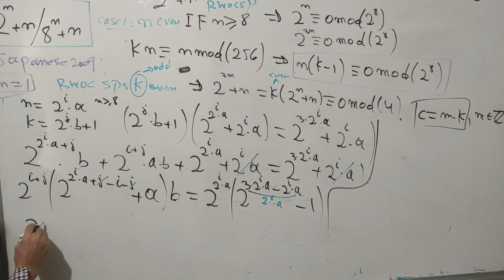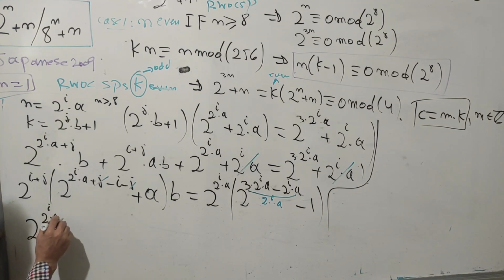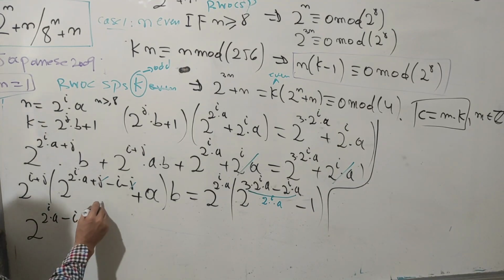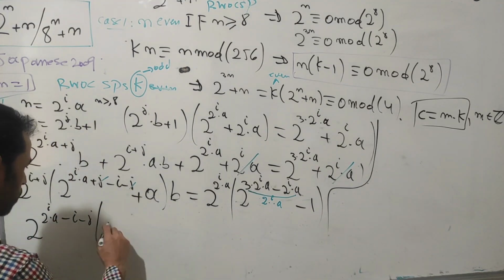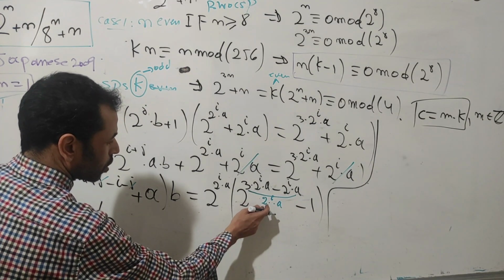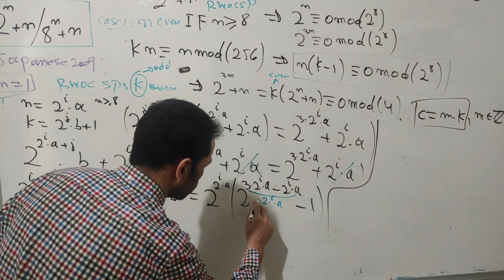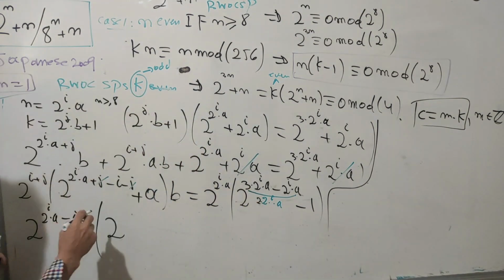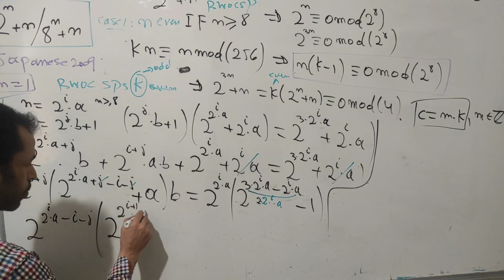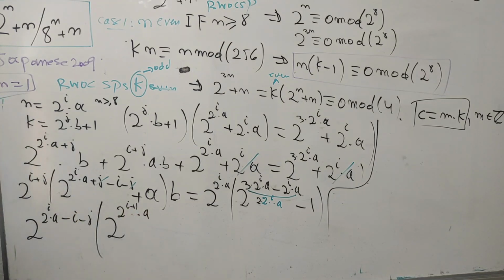So I get 2 to the 2i multiplied by a minus i minus j, factor this term, which is 2 to the 2ia. Remember here, because here I get 2 multiplied by 2 to the i, which is 2 to the i plus number 1 multiplied by a. This is everything in the exponent now.